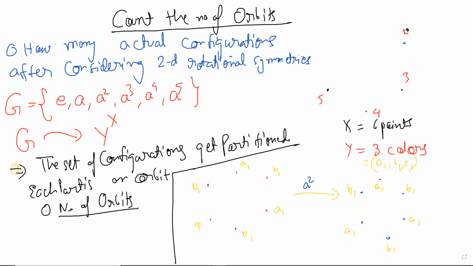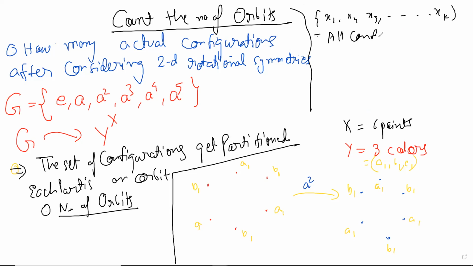So if every color was distinct, and let's say the configurations were x1, x2, x3 till xk, the set of all configurations, then the problem is super easy, right?